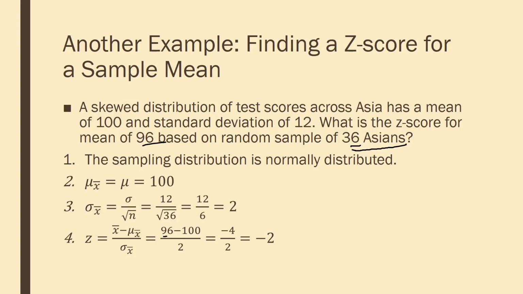Then we subtract off the mean of our sample means, which is 100, divided by the standard error of 2. So 96 minus 100 is -4, divided by 2 equals -2. This means that our sample mean of 96 is 2 standard errors below the mean of all the samples, which is equal to the population mean. Okay?